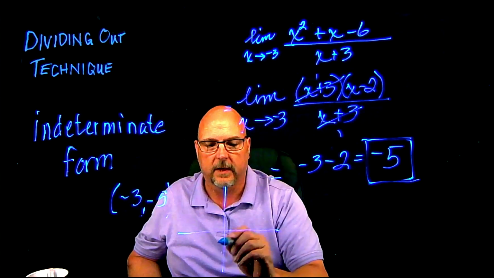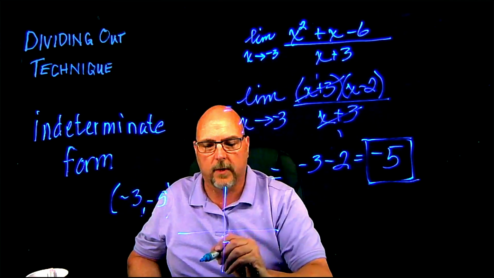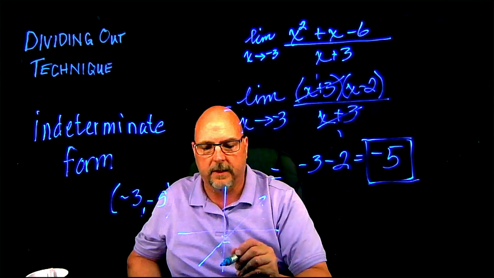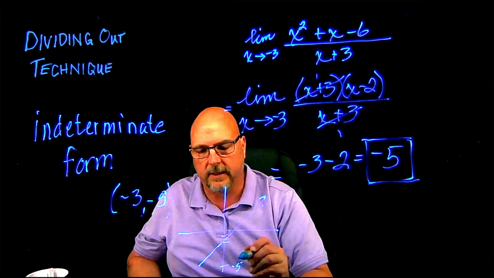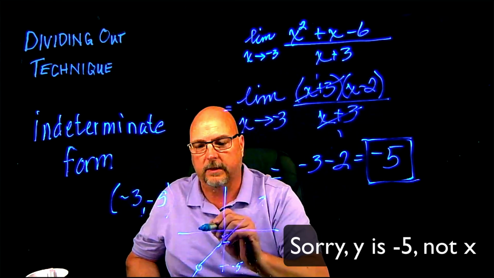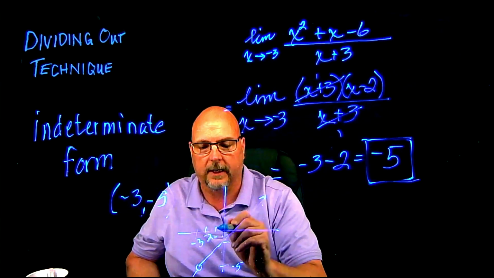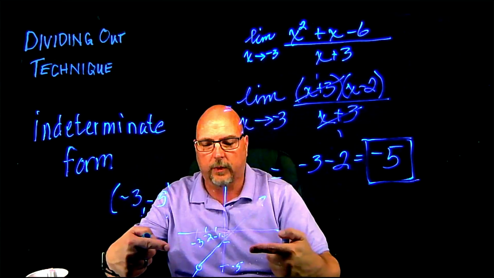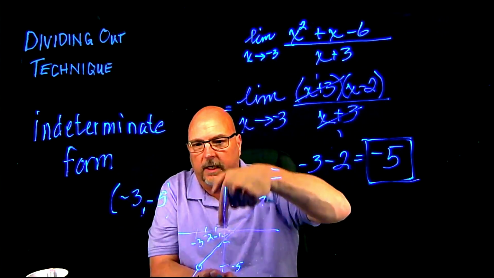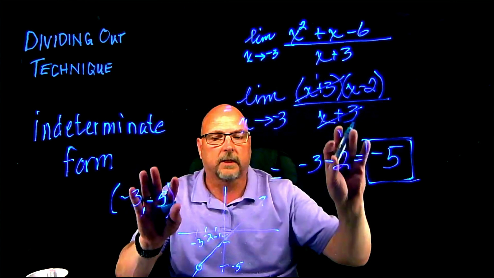So x minus 2 graphs kind of like this. But down here, where y is negative 5, there's a removable discontinuity. So this would be -3, -2, -1. As I'm approaching -3 from the right and the left, I'm getting closer to that -5 value. So that's what this means.